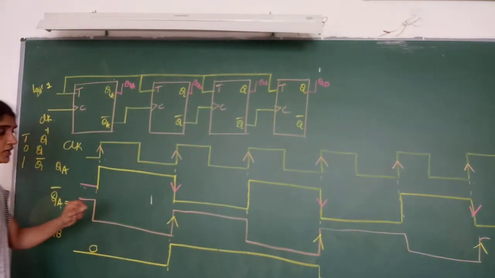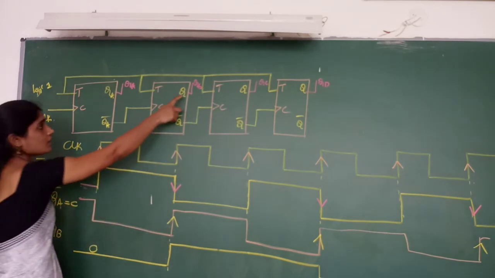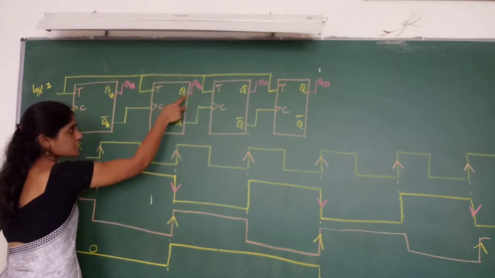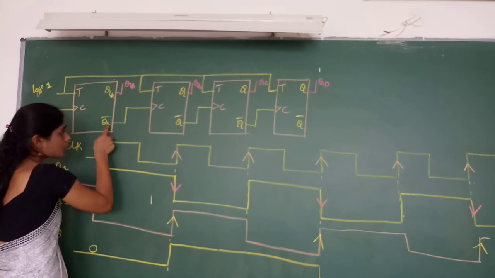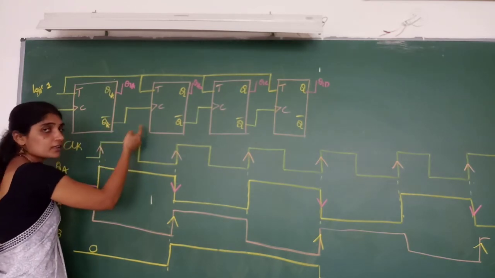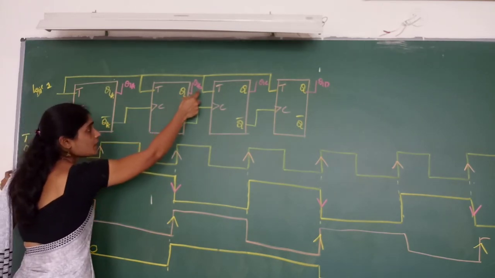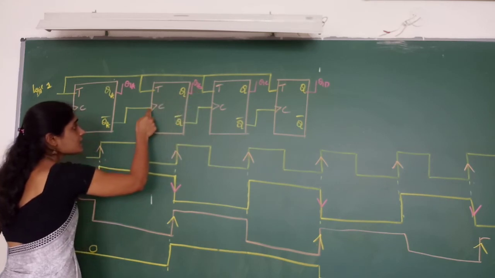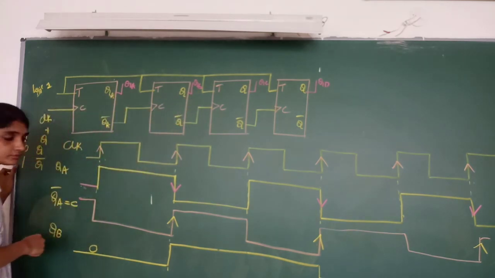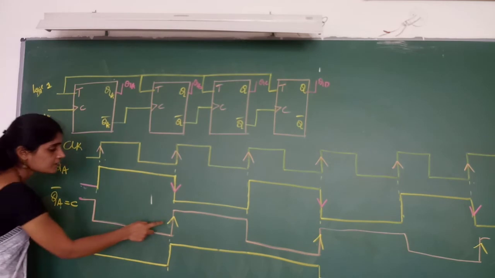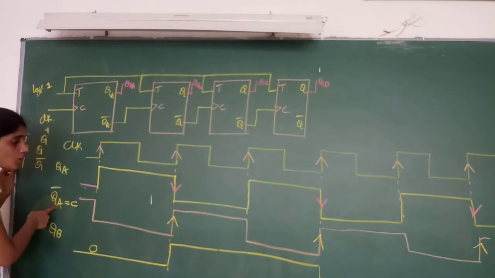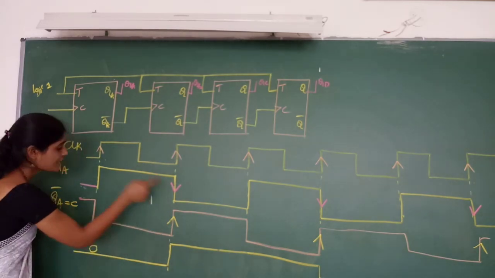So try to understand: the QB output changes at the positive edge of QA bar, or in other words, we get the QB output at the negative edge of QA.